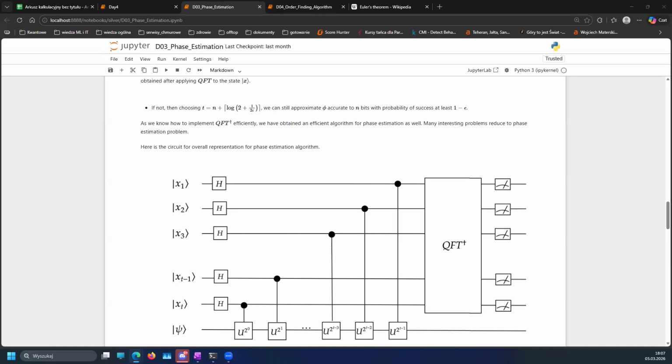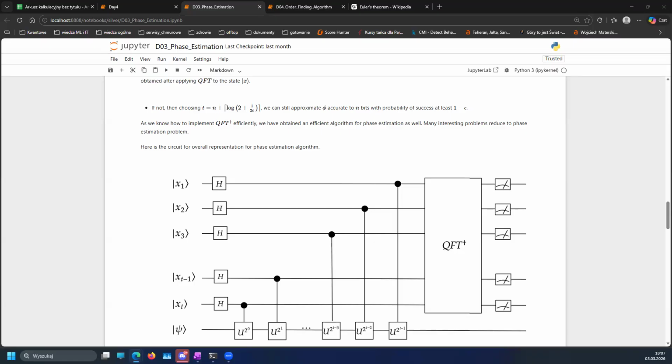Because you learned already about QFT, which is used in quantum phase estimation, which is then used in the order finding algorithm, which is used in Shor's algorithm. So there is a very clear path of things to learn. Okay, so let's move to quantum phase estimation.